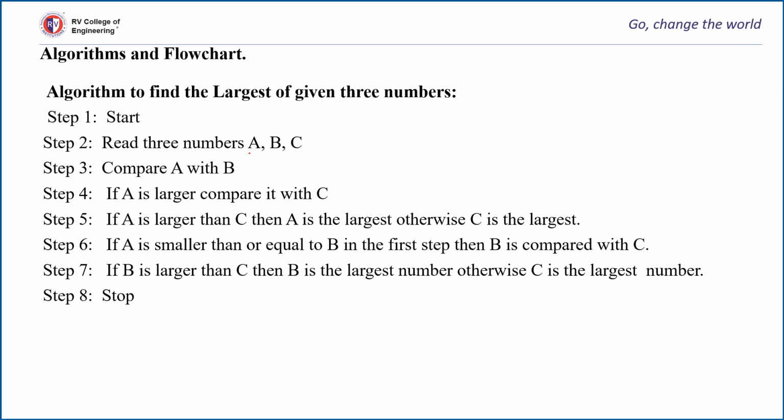You need to read three numbers A, B and C. Compare A and B. If A is greater, see if A is also greater than C. Then if it is true, A is the largest, otherwise it should be C. Now the other condition is A might be smaller than B. In that case, compare whether B is greater than C or less than C. If B is larger than C, then B is the largest number, otherwise C is the largest number. Okay, this is how we compare the values of three numbers.